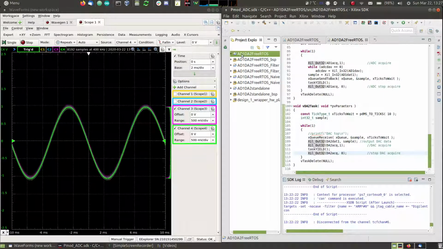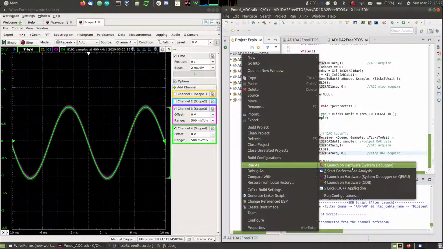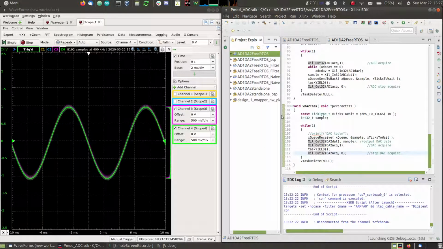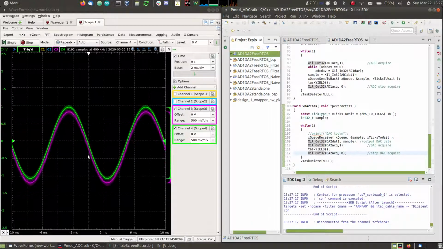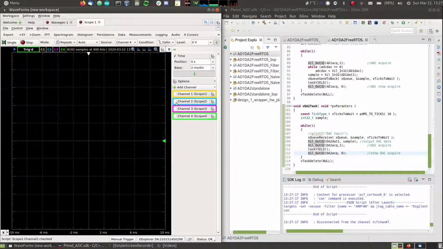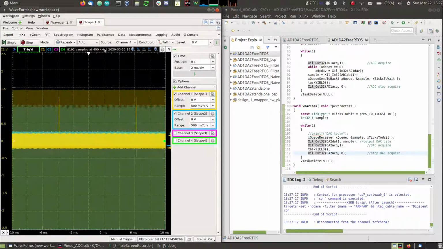We'll run it on the hardware. Run as, launch on hardware. It'll take a sec. There we go. And to see what our throughput is, we'll take a look at the chip select signals.